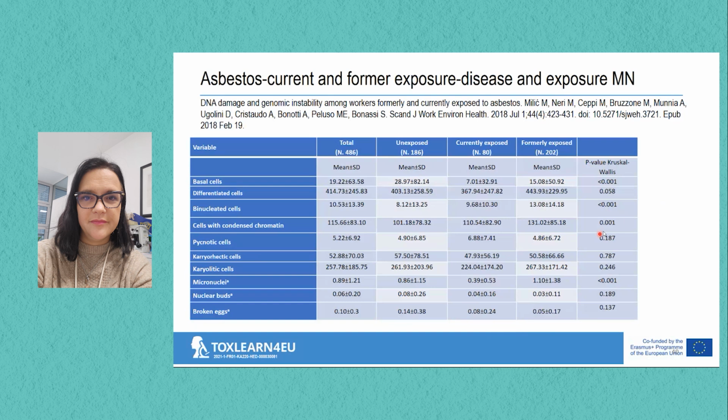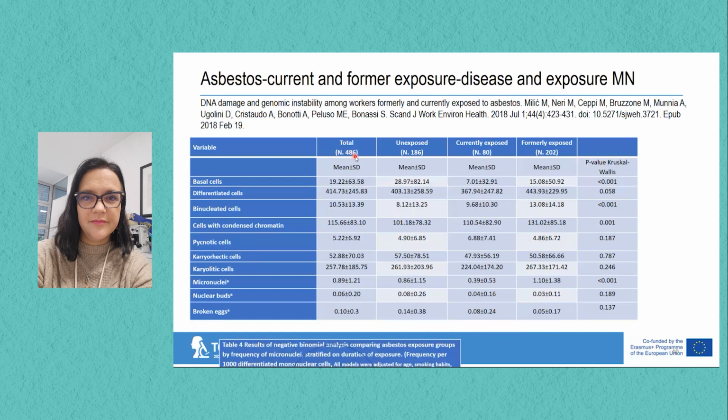We actually had 600 individuals, but because some analyses were not successful, at the end, our manuscript covered 186 people, and we have demonstrated elevated micronucleus frequency in the formerly exposed people.